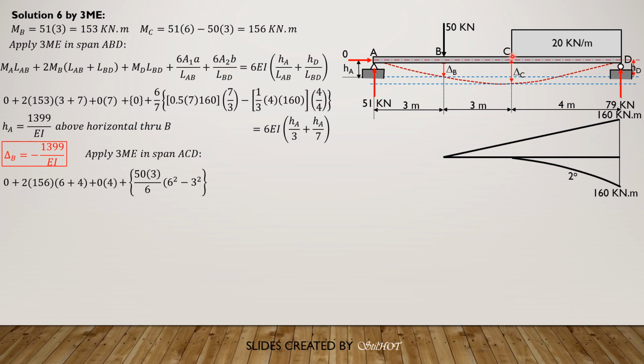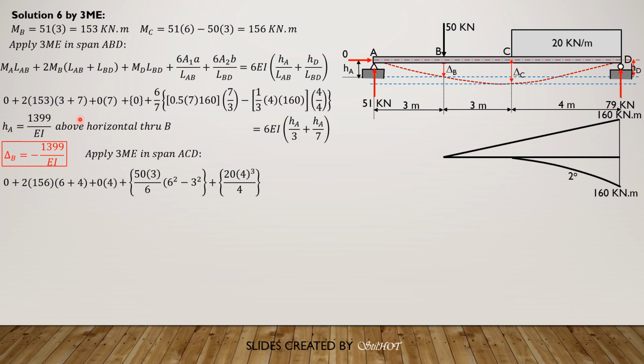Then for portion CD, the value of 6 A2 b2 over L_CD has a formula: wL cubed over 4, so 20 times 4 cubed over 4. That's the value from the three-moment equation. Then it equals 6EI.